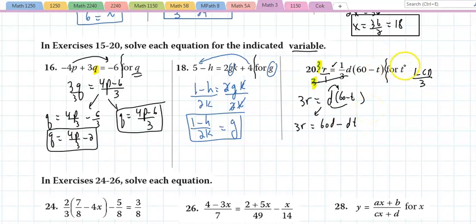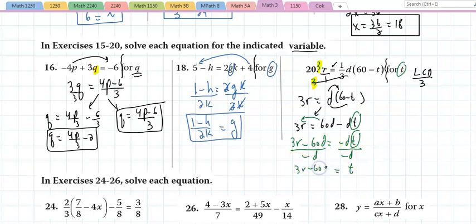You want to isolate t by itself, this t. So, if I get rid of this, meaning move it to the other side, subtract the 60d, that becomes negative 60d equal negative dt. Since I want t by itself, I divide by whatever's being multiplied by it, and there it is. This is a fine answer.